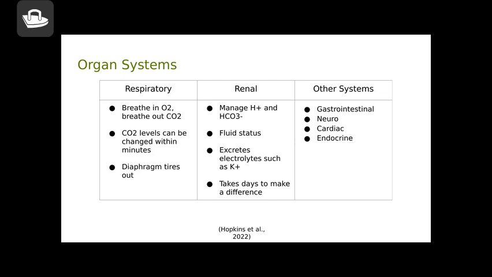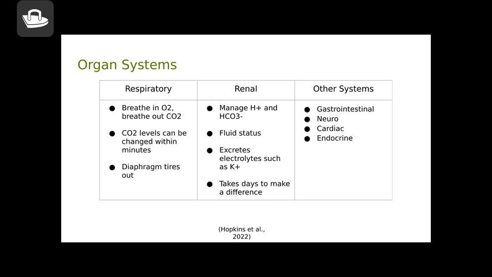Neuro: if your nerves aren't firing right to the right places and aren't telling your lungs what to do properly, that's going to affect your acid-base balance, because it's a lung problem but might be neurogenic in origin. Cardiac, not getting enough circulation. Endocrine, something's wrong with your endocrine glands, your catecholamines, something like that. But generally, the main two are your lungs and your kidneys. So lungs, we can breathe really fast.